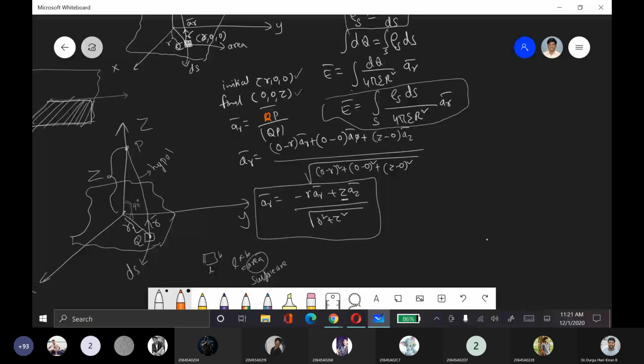So I can write an equation something like this: R square plus Z square is equal to, the hypotenuse I'll put as T, so T square.